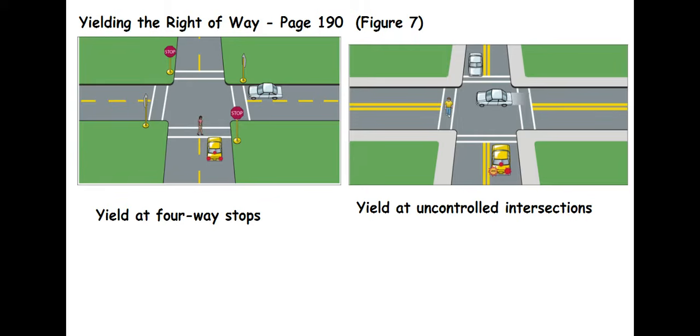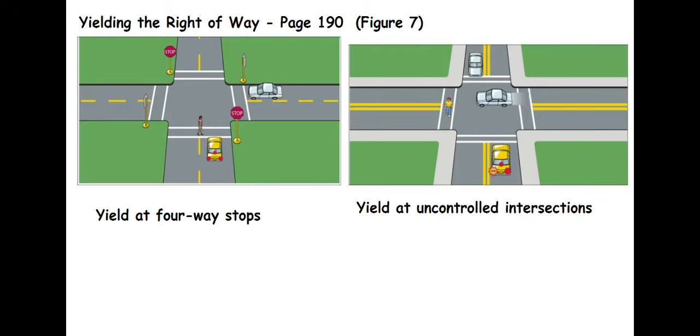These next two are showing you again examples of your basic cross traffic design. In this case, the one on the left shows you a four-way stop. What's good to know about this one is the decision of who has the right of way. Is it the yellow car or the white car? By law, it would be the white car, and they're probably going to go first.